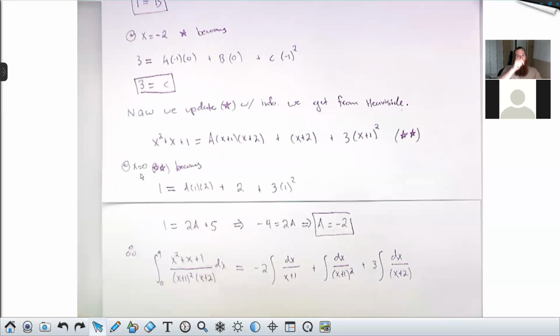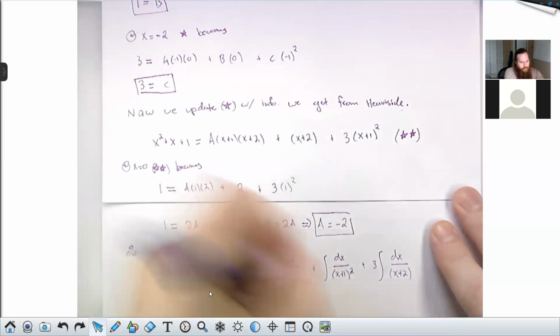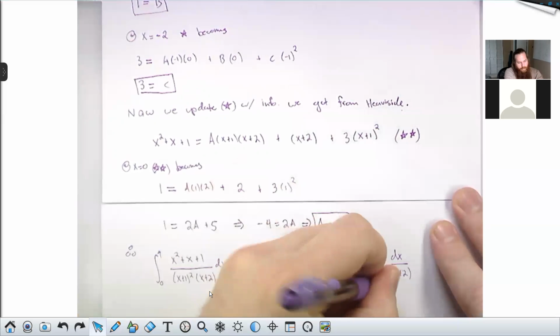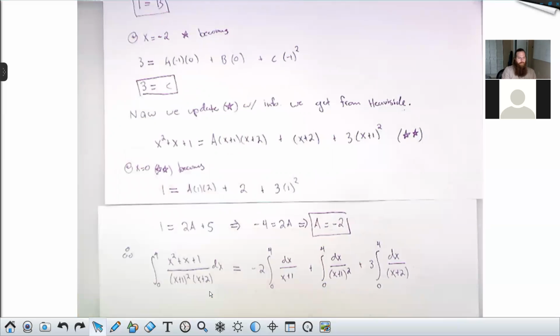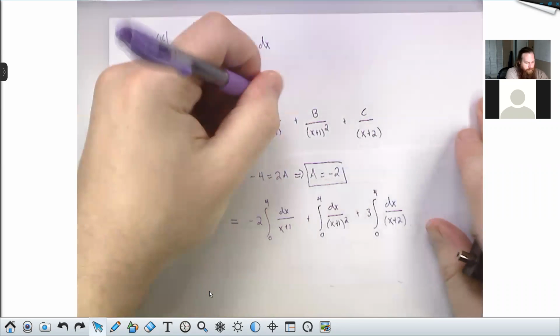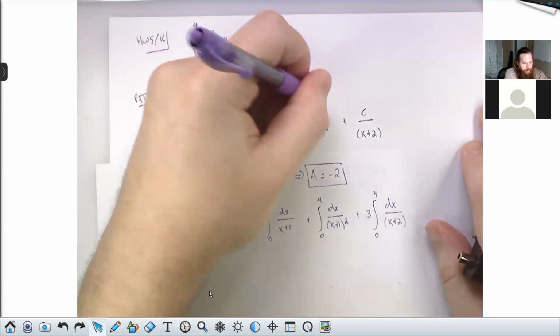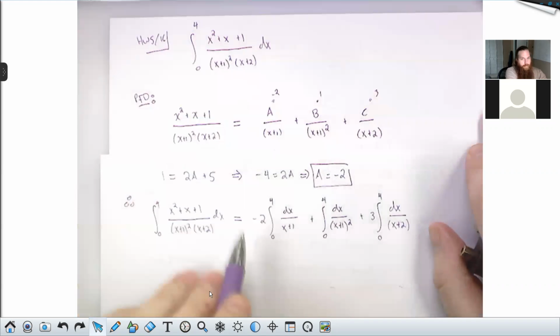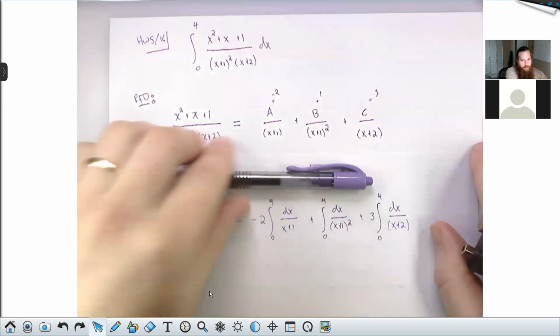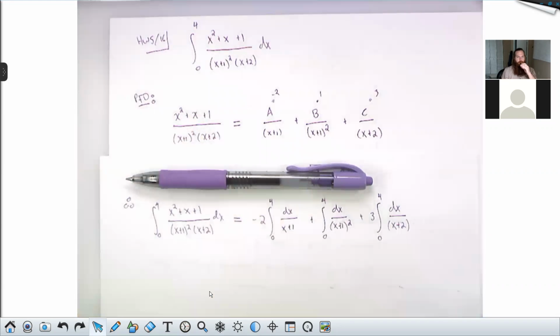So I'm just taking the coefficients that I had and using them to expand this function, which means I can expand this integral. Of course, the integrals are all running from 0 to 4. I'm doing this because I know that a is -2, b is 1, and c is 3. So from this line to this line is not anything weird.